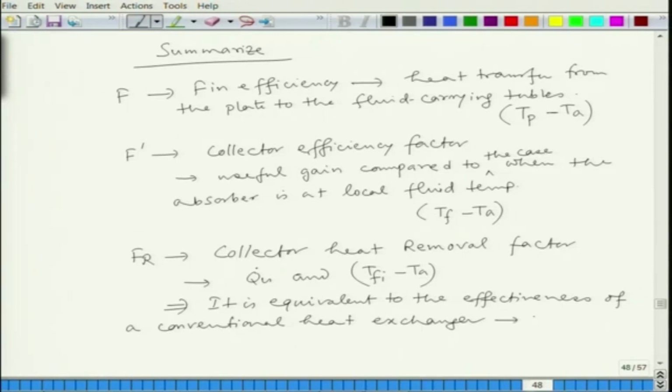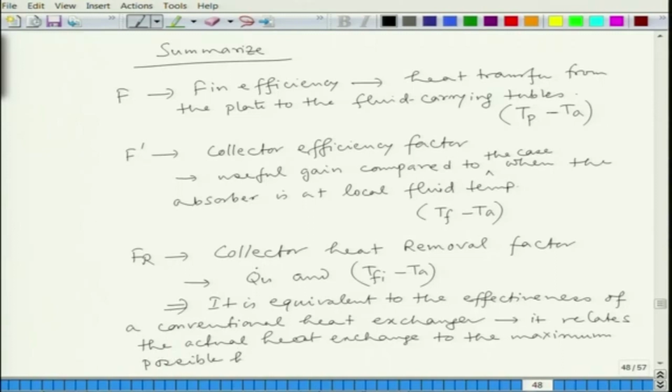In terms of, it relates the actual heat exchange to the maximum possible heat exchange. Okay. That is the definition of heat exchanger effectiveness, and collector heat removal factor Fr does exactly the same thing.